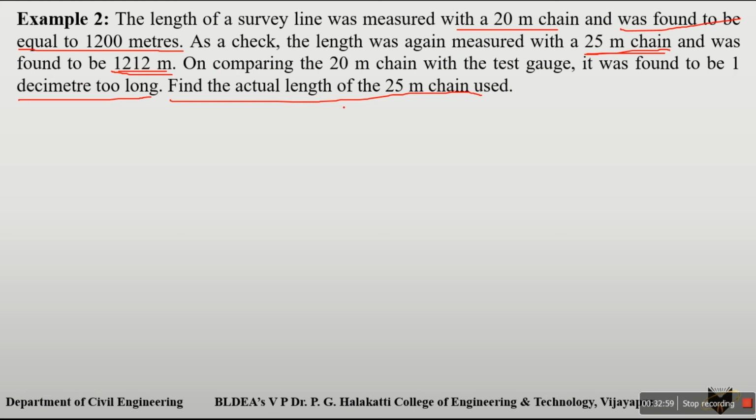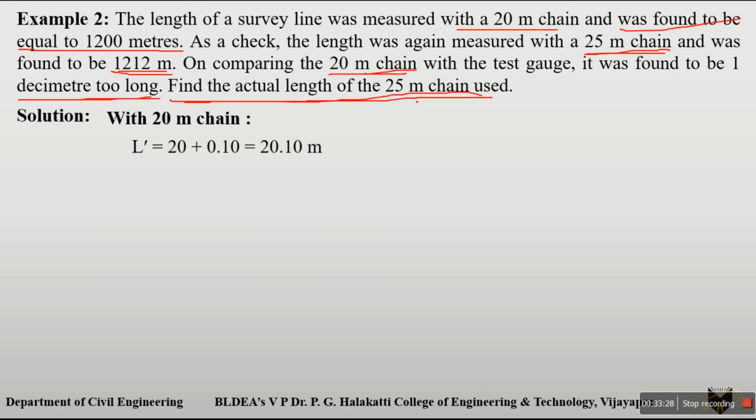After that, they tested the 20-meter chain, and it is found to be 1 decimeter too long. Now we have to find the actual length of our 25-meter chain, meaning the true length of the 25-meter chain.